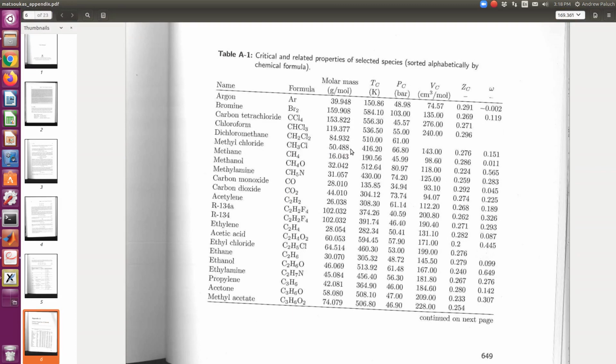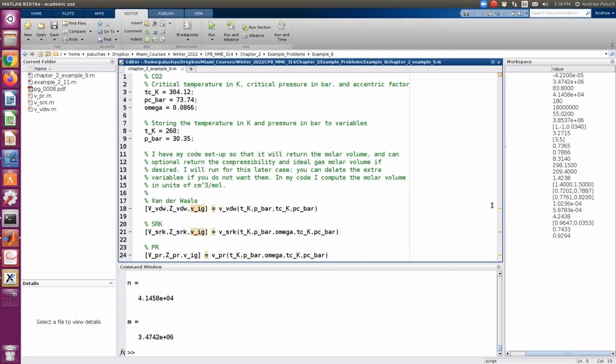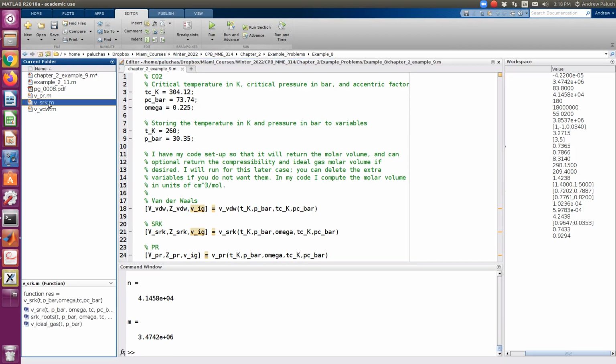And eccentric factor is 0.225. Okay, and before I forget, I renamed this example 211, but do note that we're going to use this SRK code, this function, so it also needs to be here in the same directory.